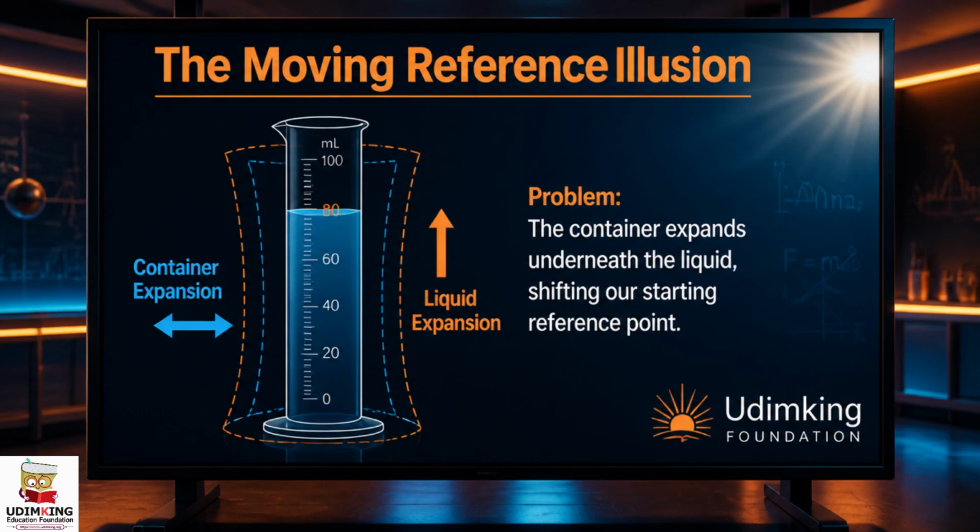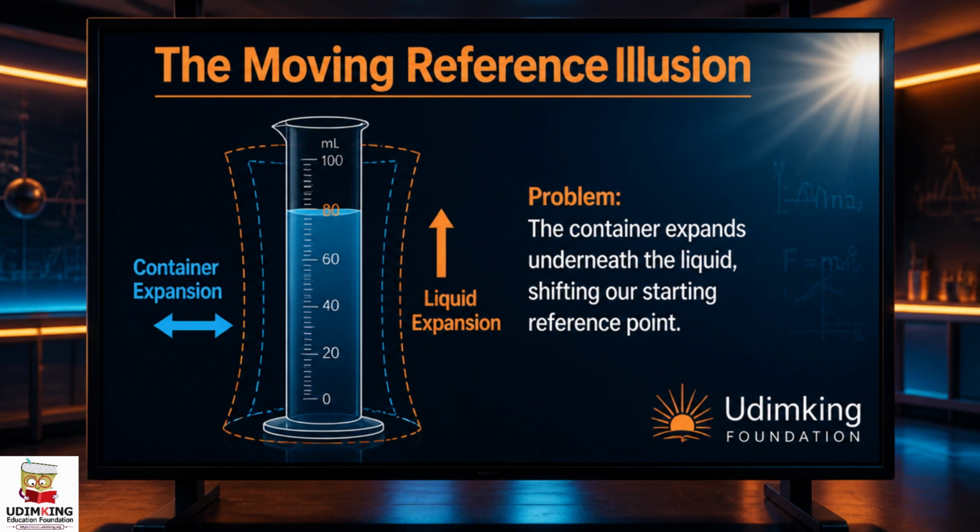Think about it. We always measure change by looking at where the liquid started and where it ended. But since the container stretched out under the liquid, our starting reference point moved because the container is sneakily growing bigger underneath. The volume change we actually see with our eyes is an illusion. It doesn't show the absolute true expansion of the liquid. It only shows what appears to have changed from our shifted viewpoint.